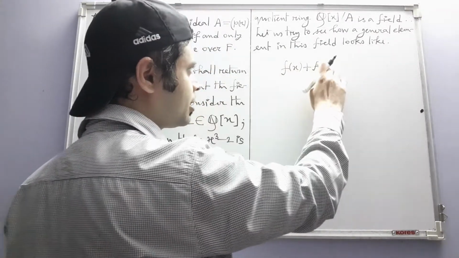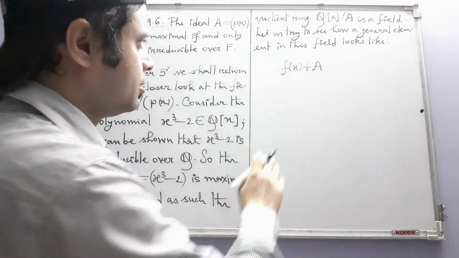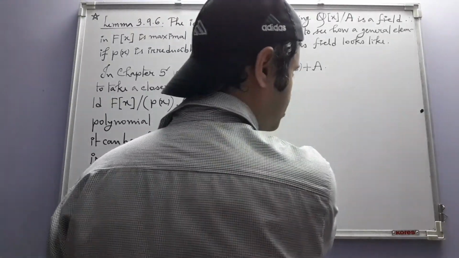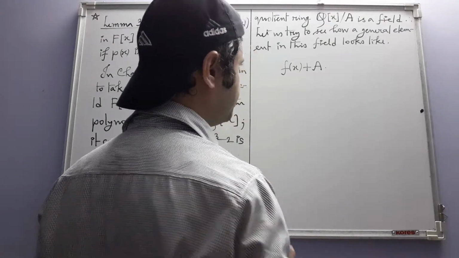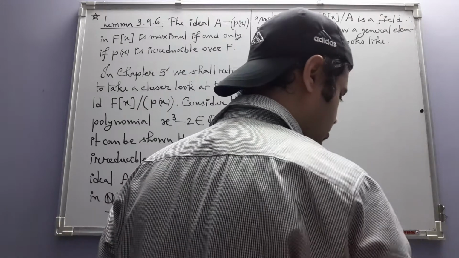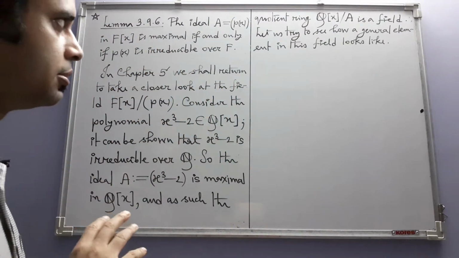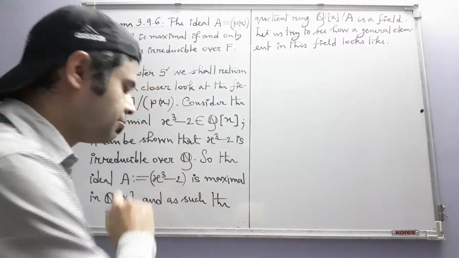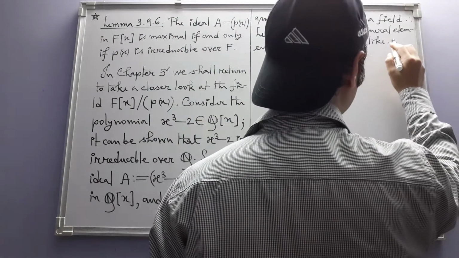If you want, you can write A plus fx also, considering them as right cosets, but we write fx first. Okay, so this is a general element. And now we are going to try to break this element down in terms of this polynomial x cube minus 2. Let me show you what exactly I mean by that.